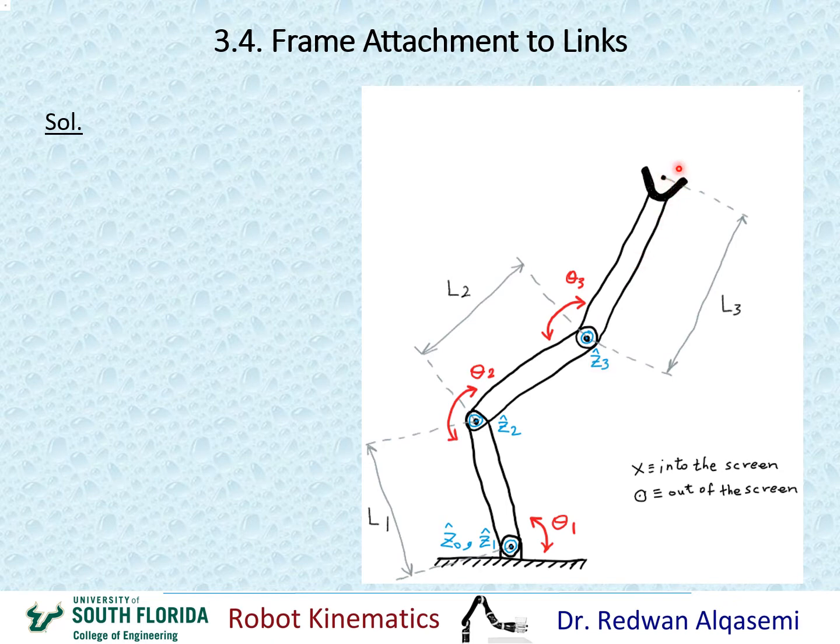It will be coming out of the screen, because remember there's no revolute joint or any joint here, so assigning this axis can be arbitrary, but I'll assign the Z in a similar direction to Z3 so that I will eliminate the twist angle. So I'm going to put here Z4, and that circle indicates that it's coming out of the screen. Okay, so now we are done with the Z axes.